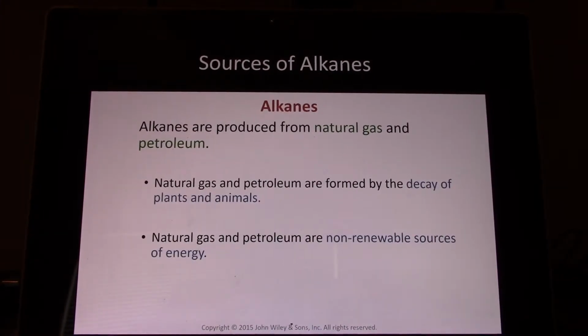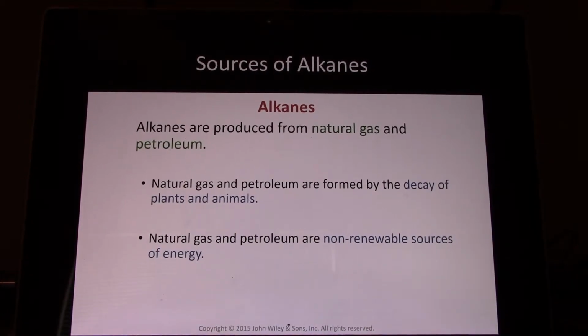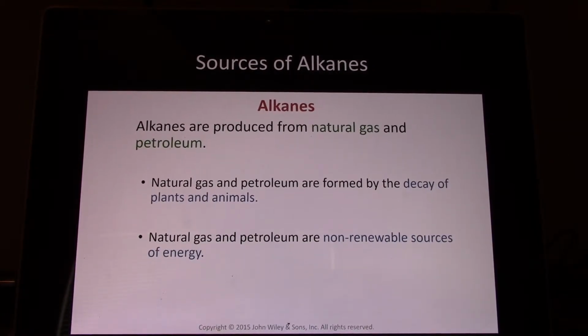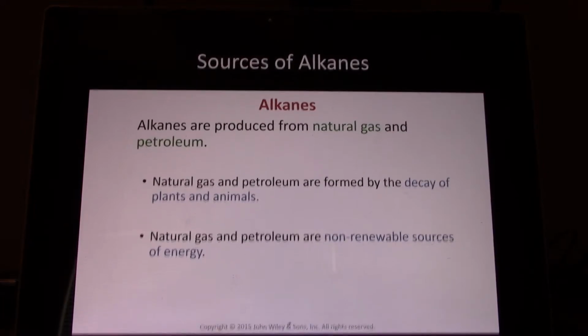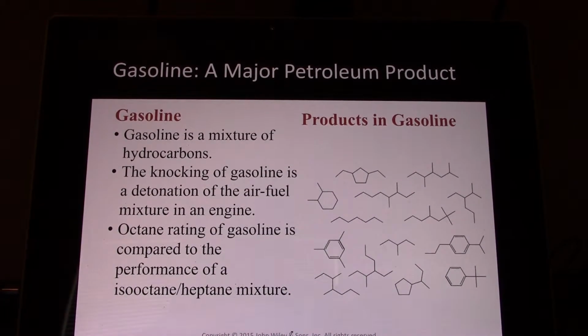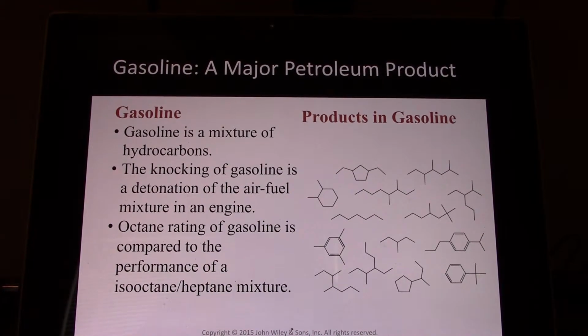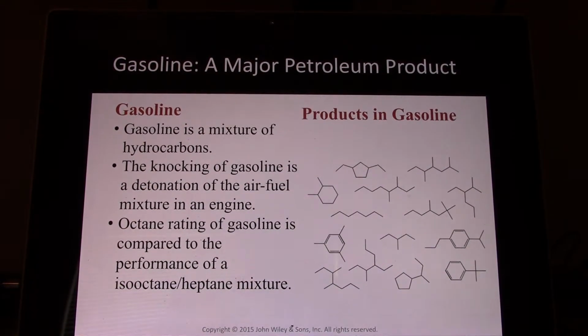Sources of alkanes. Alkanes are produced from natural gas and petroleum. So alkanes all come from fossil fuels that are in the ground, and geologists learn how to find them. Gasoline is a mixture of hydrocarbons, and the knocking of gasoline is the detonation of the air-fuel mixture in an engine. And so the octane rating is compared to a hypothetical performance mixture of isooctane and heptane.